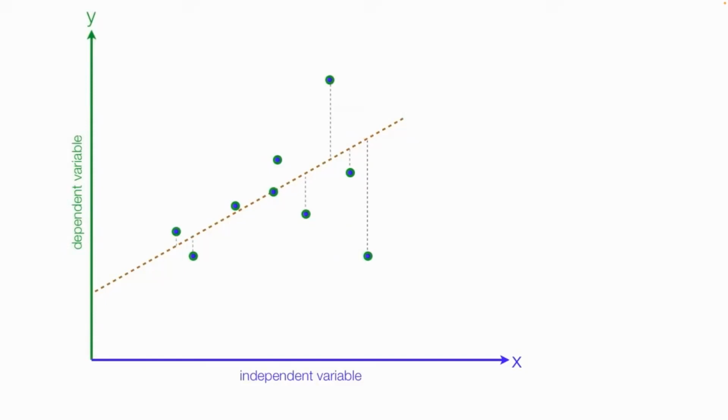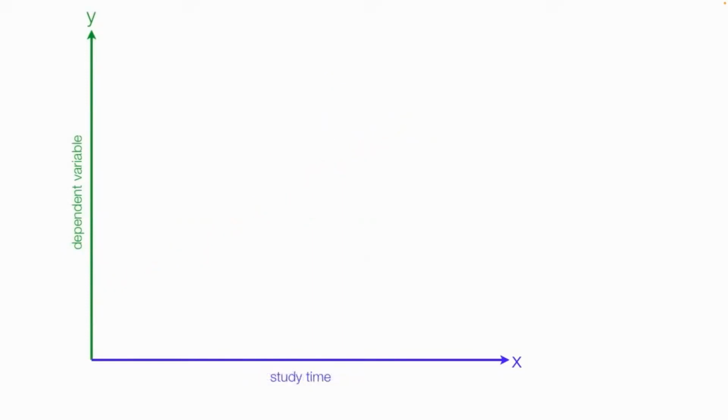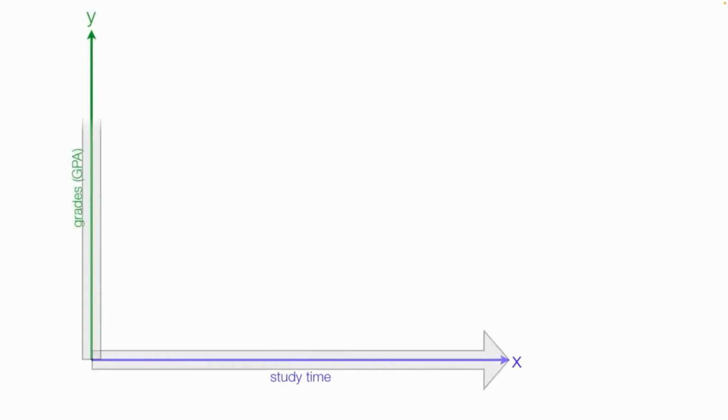And again, the point is to minimize these errors or make them as small as possible. Now let's imagine I put study time on the X-axis, or make that my independent variable, and the dependent variable becomes grades or GPA. As study time increases, grades should go up. There is a positive relationship.